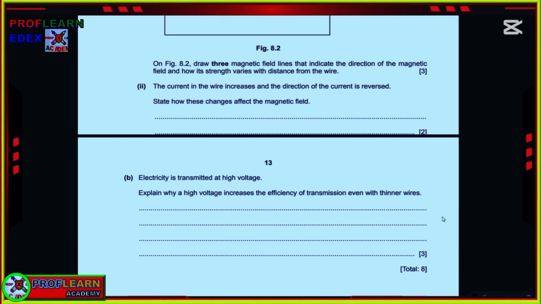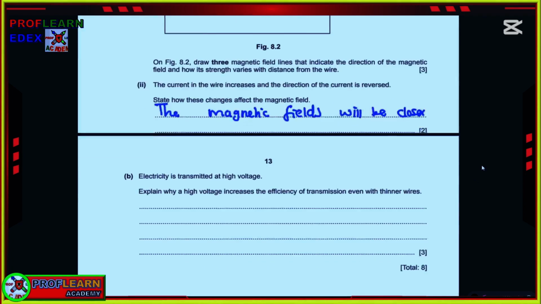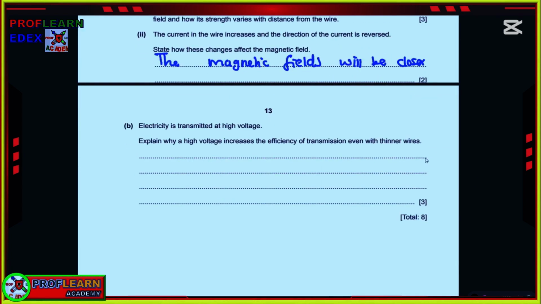Since the current is reversed, we are going to have a current flowing in the opposite direction, so the field will also point in the opposite direction. So you need to add a statement there: the fields will be closer and also they will be pointing in the reversed direction.